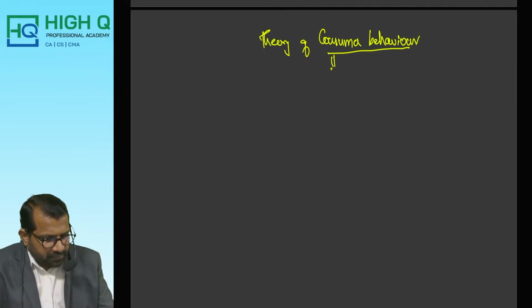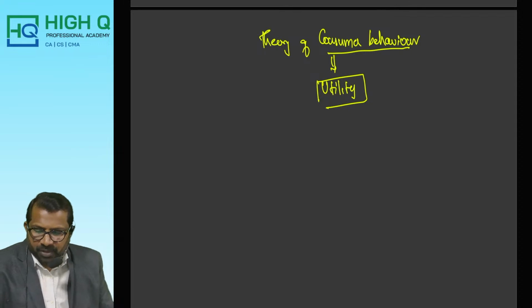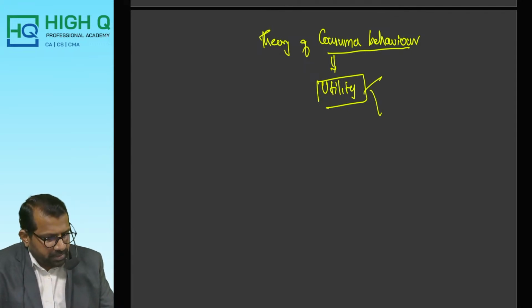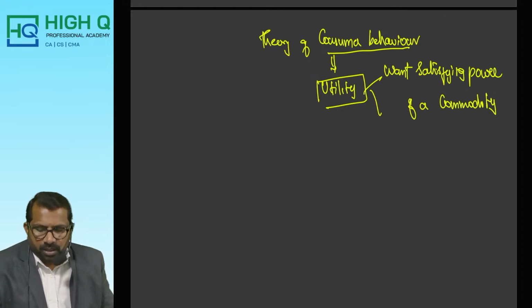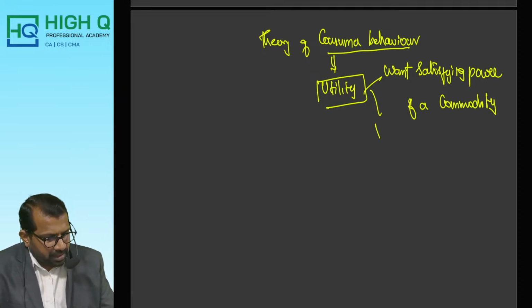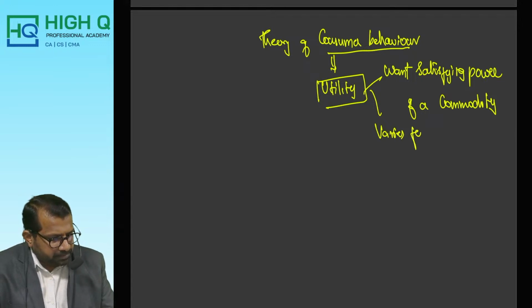In this theory, utility means want-satisfying power of a commodity, and this utility may vary from person to person.